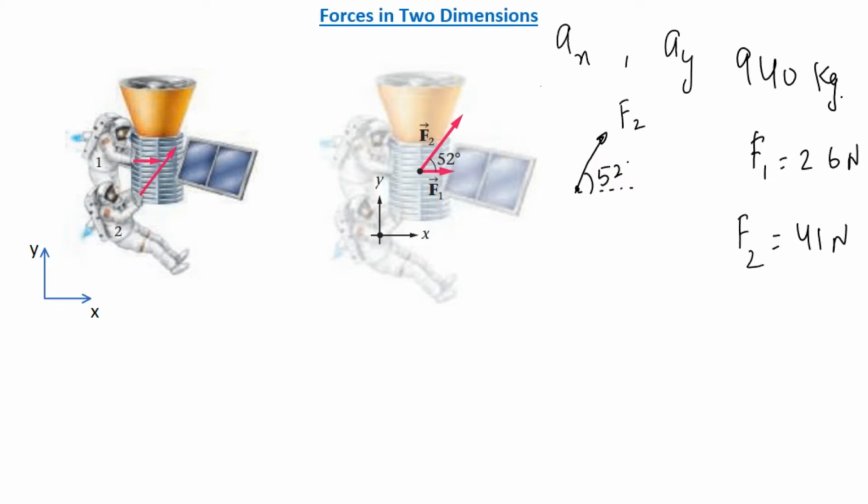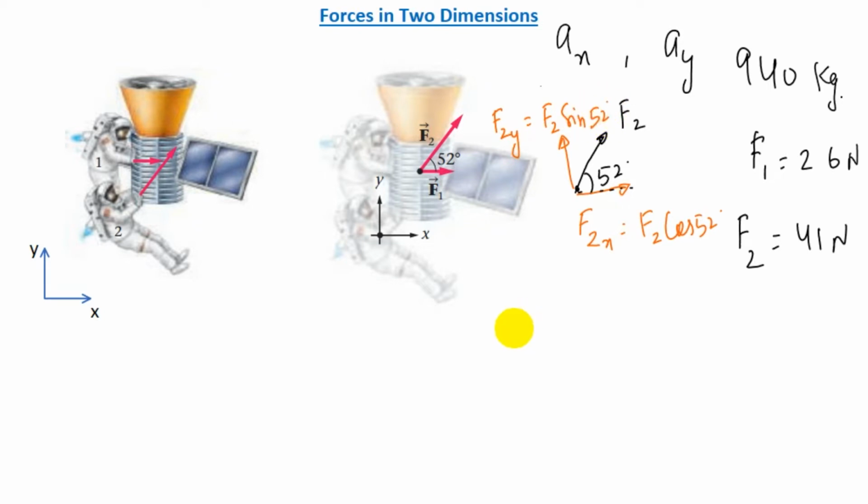So its x component, F2x, is equal to F2 cosine theta, where theta is 52 degrees, and the vertical component, F2y, is F2 sine theta, with theta 52 degrees.